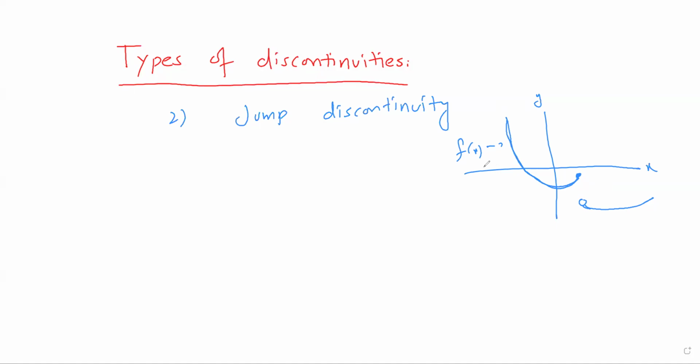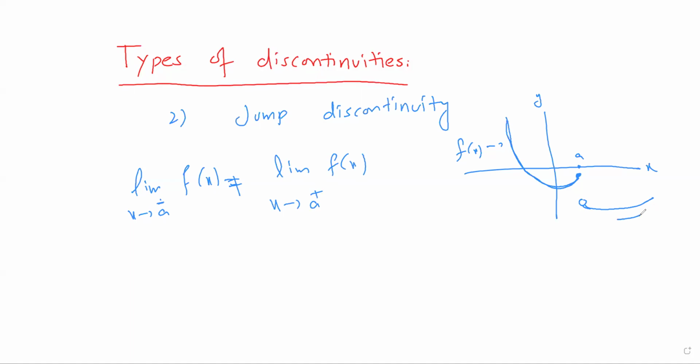Okay, what does this mean? From the graph, we can see that, let's say this point is a, the limit as x goes to a from the negative side is not equal to the limit as x goes to a from the positive side.